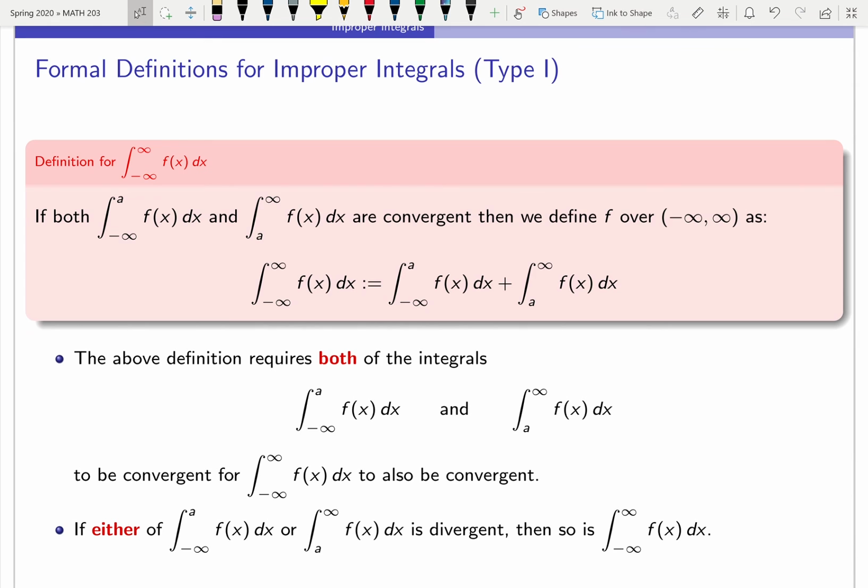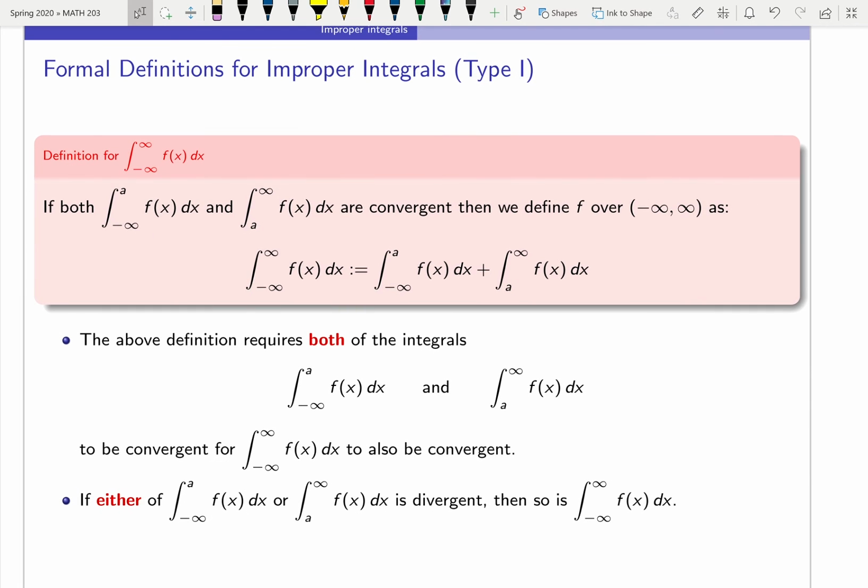One more case before we do some examples. We may have an integral from negative infinity to infinity. In this case, you pick any number a, and then you find the improper integral from negative infinity to a of f of x dx, and the integral from a to infinity of f of x dx.